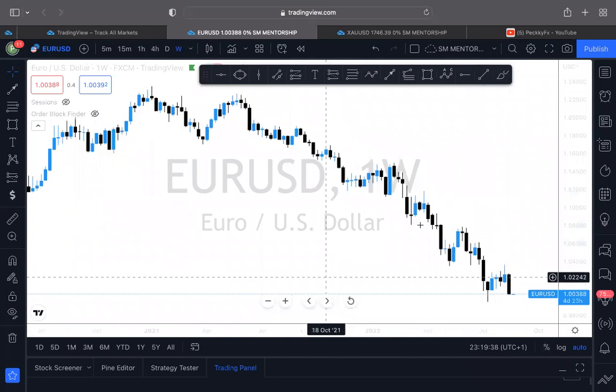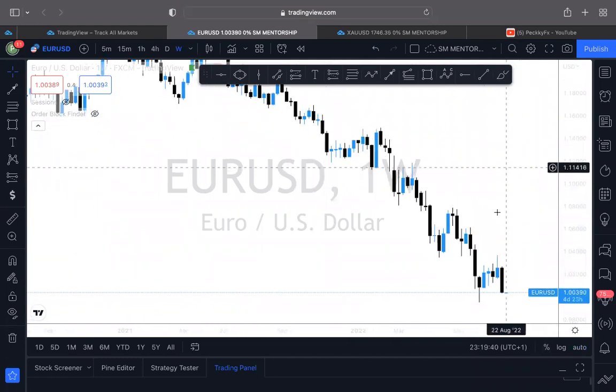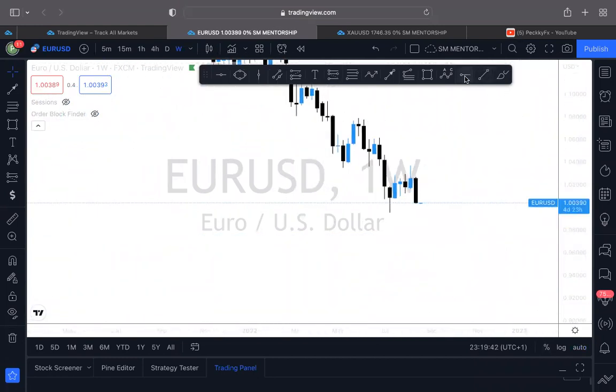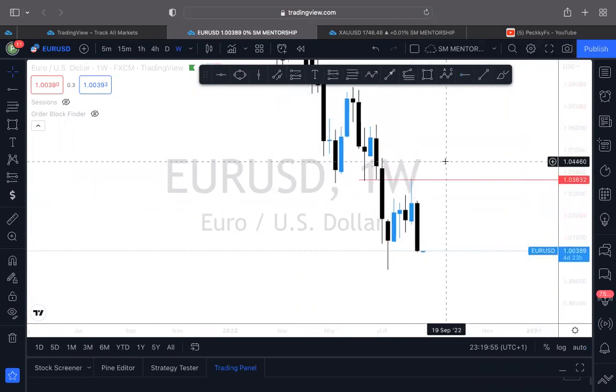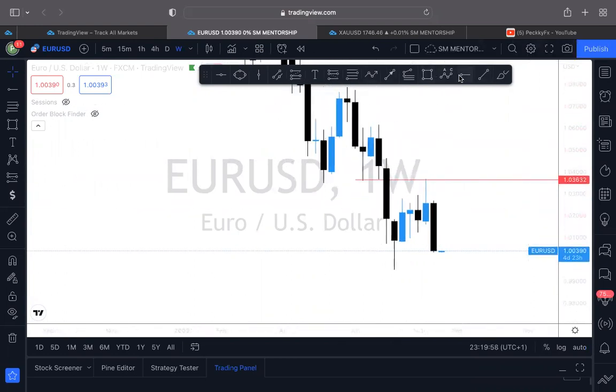Okay, so this is the weekly time frame. Looking from the weekly perspective, we have a PFU, we have IPFU. First and foremost, we have to check weekly open and close.